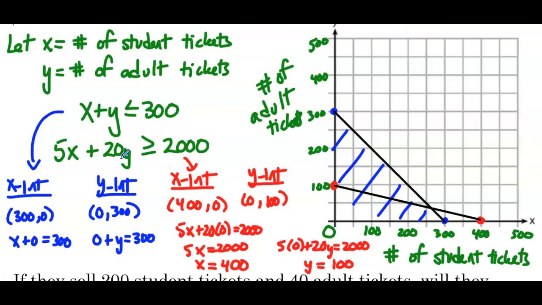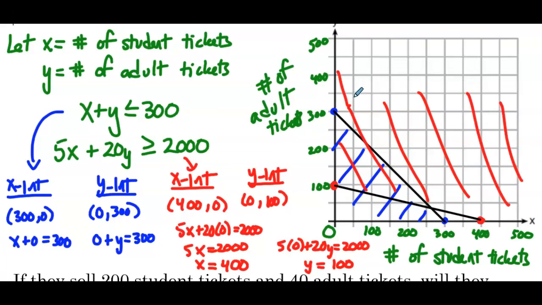It is not, so the origin is not in the solution set, so we'll shade above the line. And technically we need to extend this all the way up. So now I can label, I was waiting to finish it, so this is 5x plus 20y is greater than or equal to 2000.